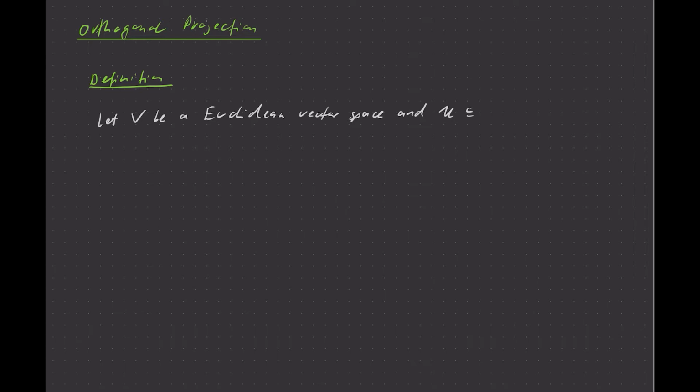And U is a linear subspace of V with orthogonal complement U ortho.